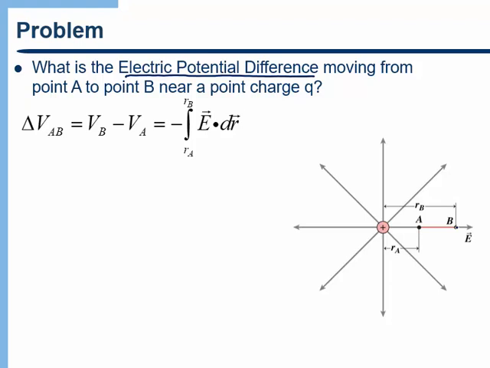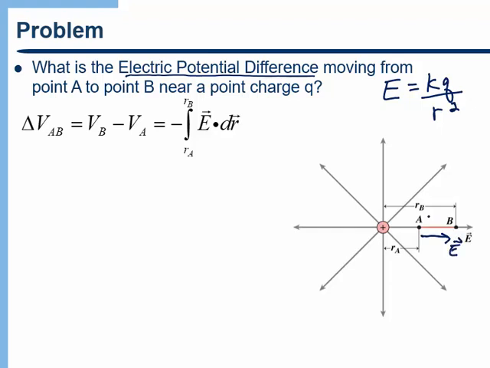So we start out with our definition of electric potential difference in terms of the electric field. And we know the electric field of a point charge. Remember, the electric field is kQ over r squared. So I want to just plug that in for E and do the integral. Now, we're going from A to B. Notice that the electric field is to the right.